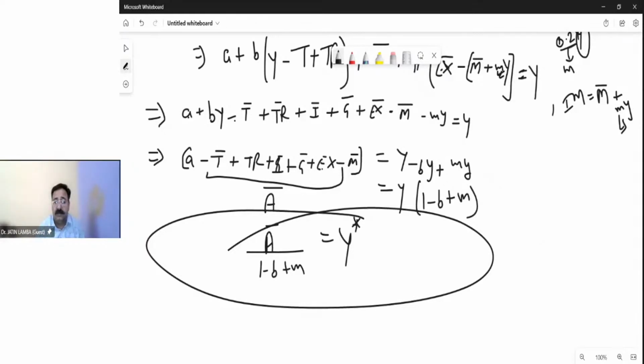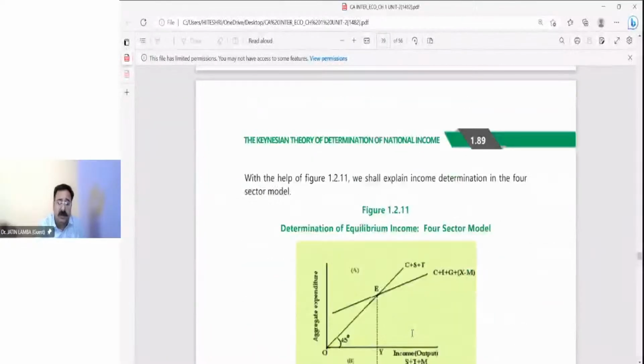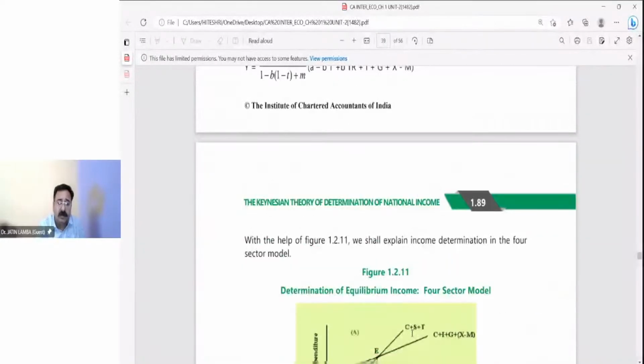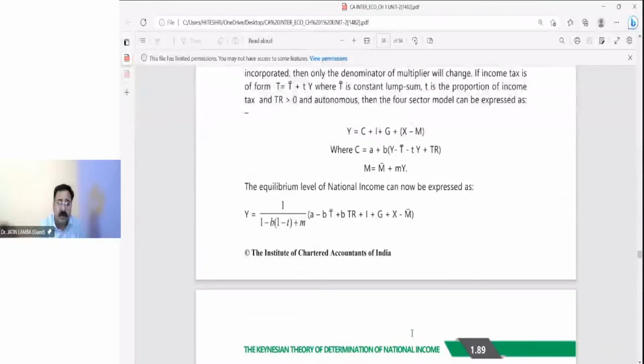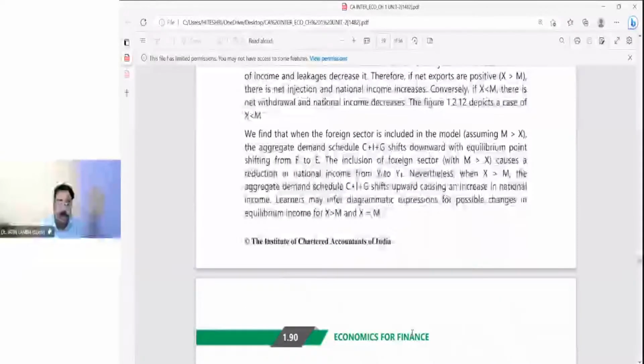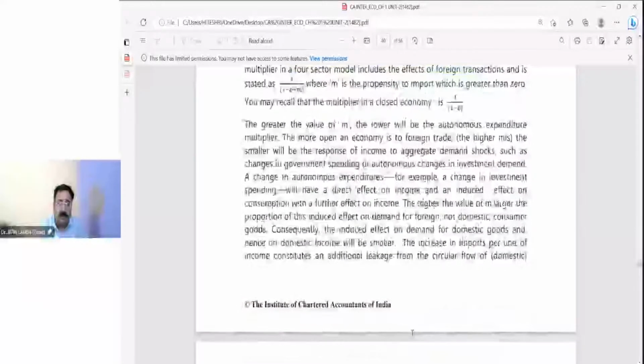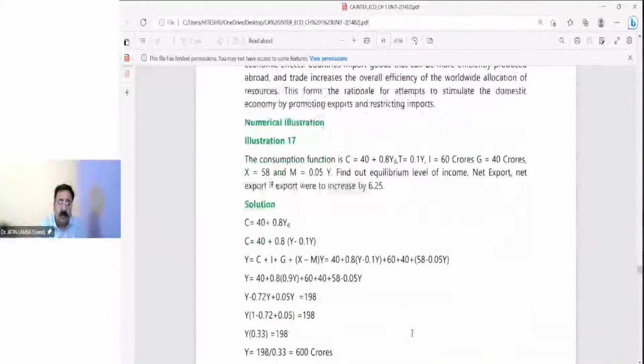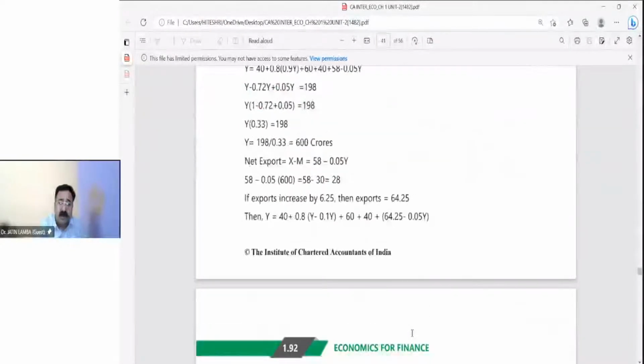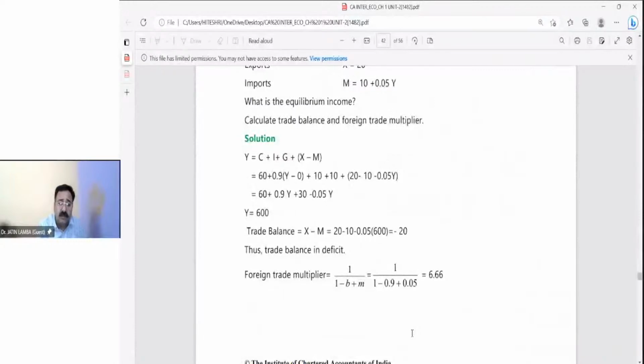See, we are doing here illustration 17. Illustration 17. Just put the value, you will get the answer.